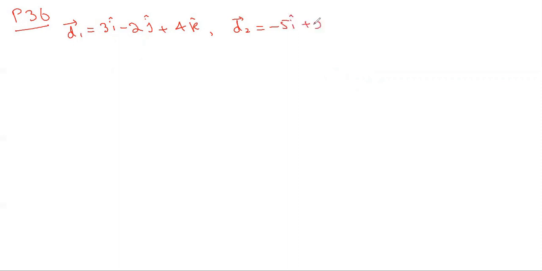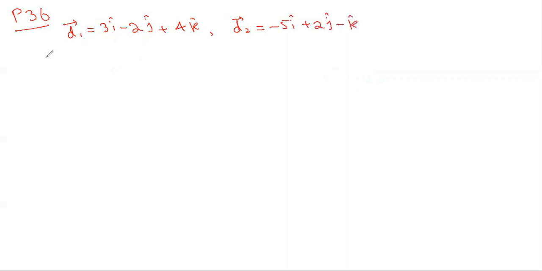So problem number 36. We are given vectors d1 = 3i - 2j + 4k and d2 = -5i + 2j - k.